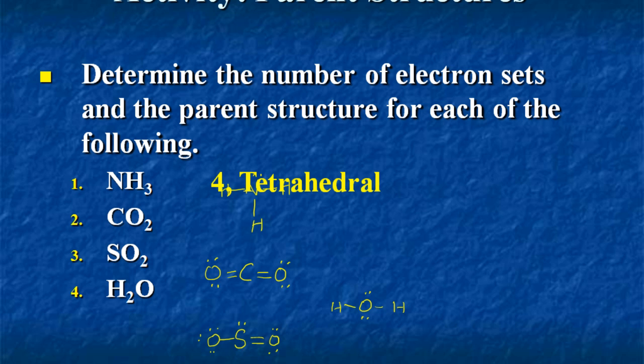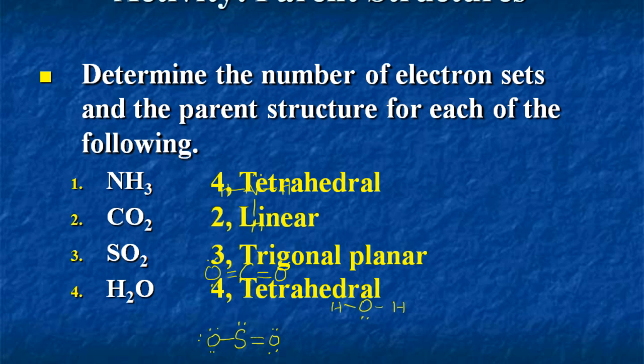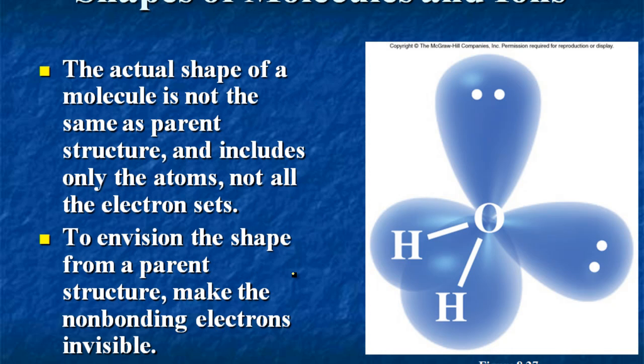Okay, so here is our answer. The actual shape of the molecule is not the same as the parent structure. In other words, the actual shape of the molecule will consist only of the bonded atoms. The lone pairs will not show up in the actual shape.